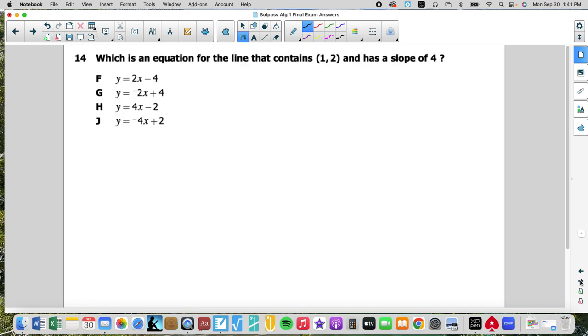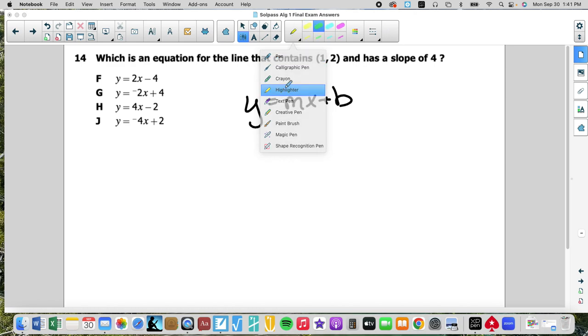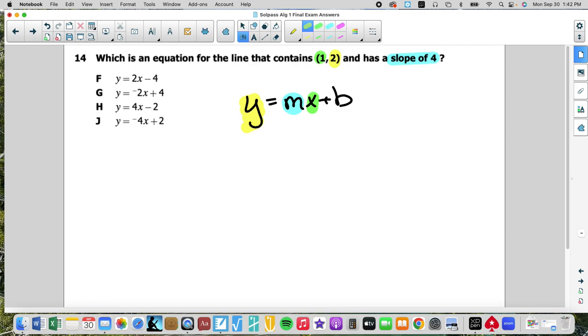Which is an equation for the line that contains (1, 2) and has a slope of 4? So we are going to use slope-intercept form, and notice what we get here. We get the slope of 4, that's going to go in for m. We get an x value, and, let's use yellow, we get a y value. So we'll plug that in, and that will allow us to figure out what b is.